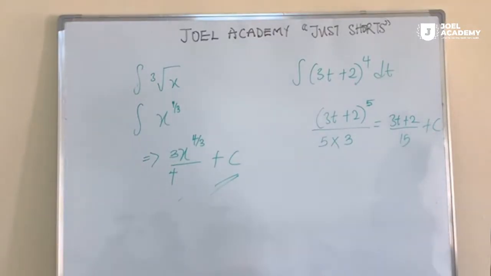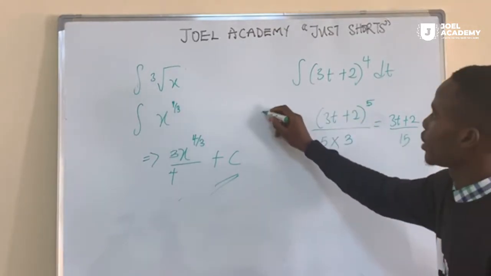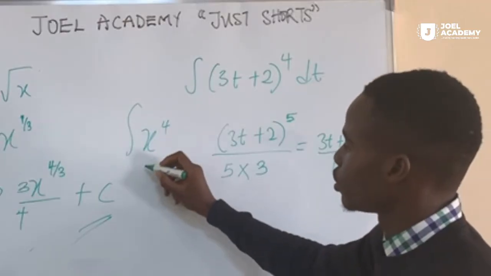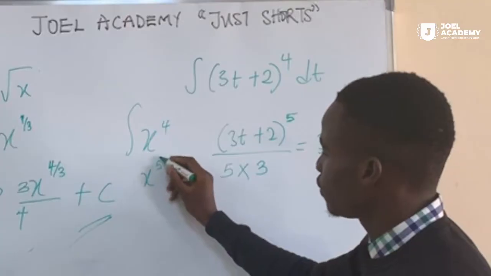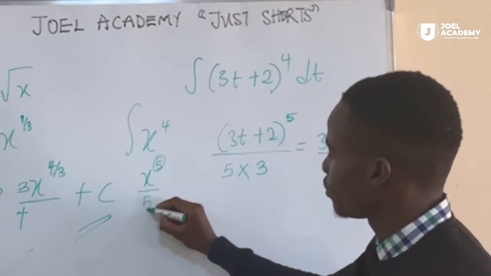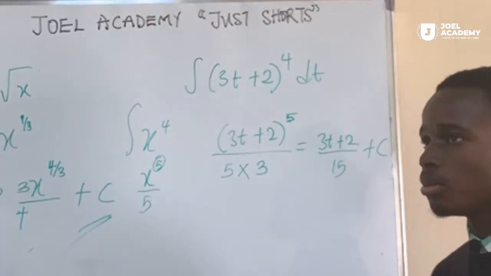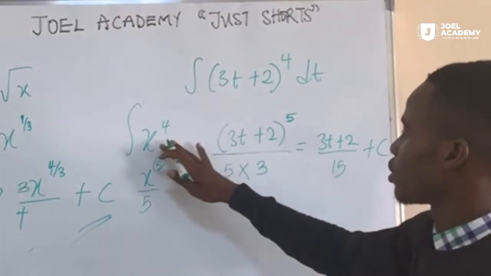Now I'm going to go over this again. You know normally, if you have x raised to the power of 4 and you're asked to integrate, you add 1 to 4, it gives you 5, and you bring this 5 down over 5. So it'll be x raised to the power of 5 over 5. It's the same scenario we are handling here. Assume this to be your x.